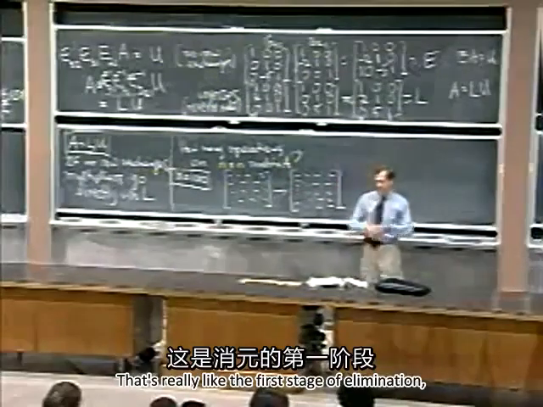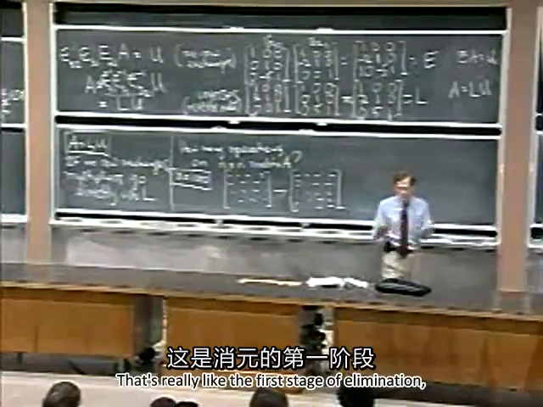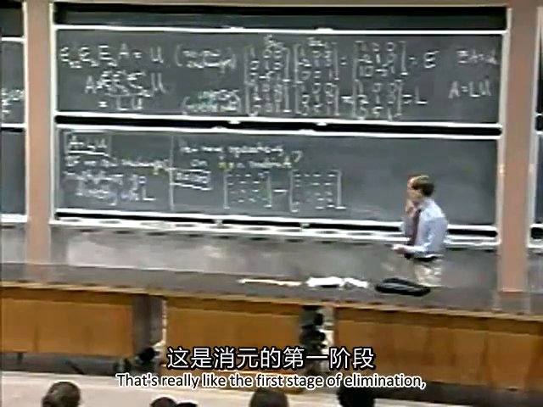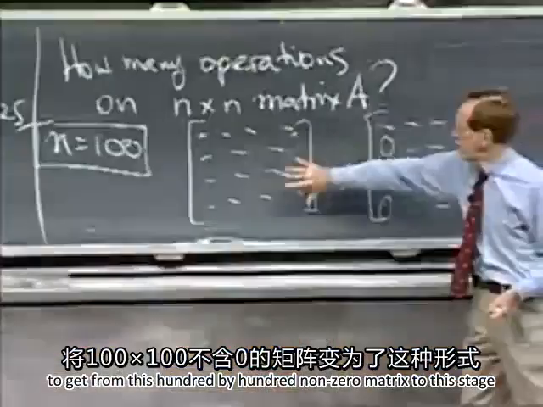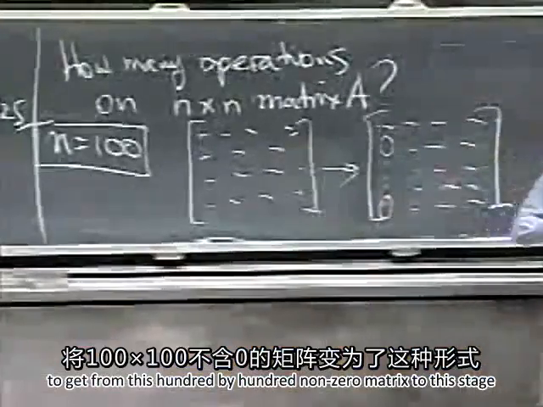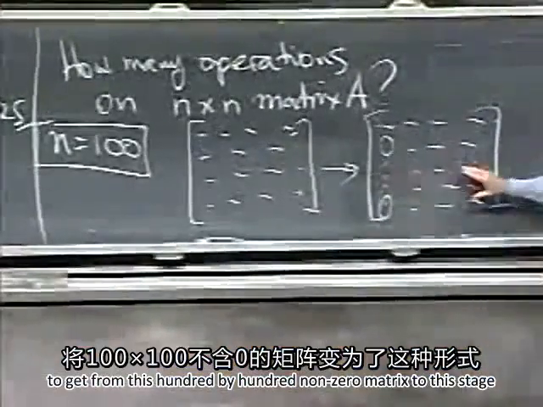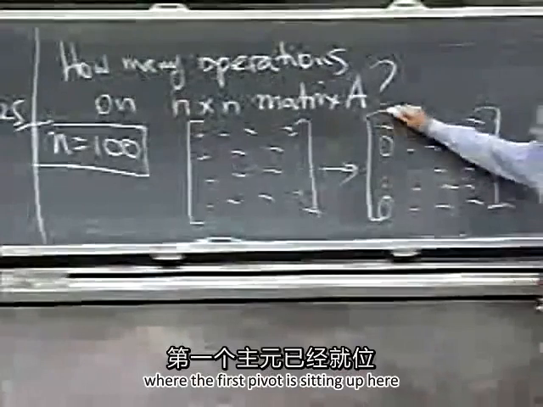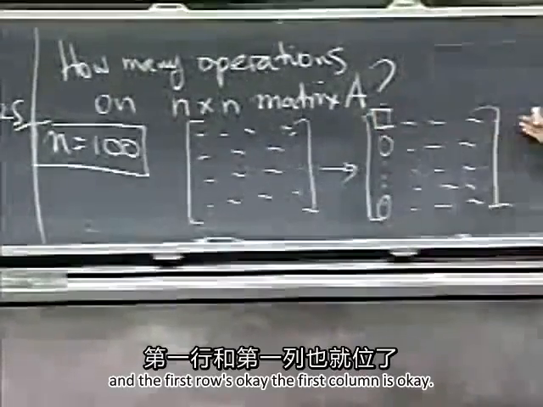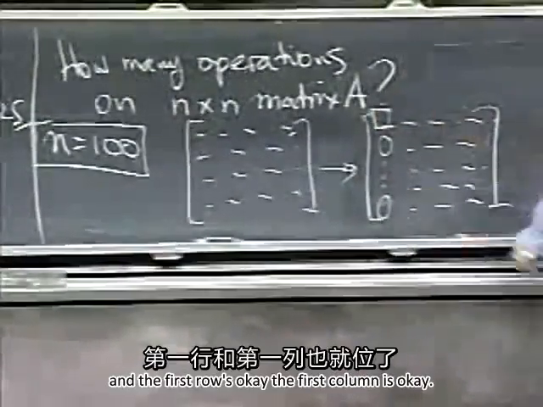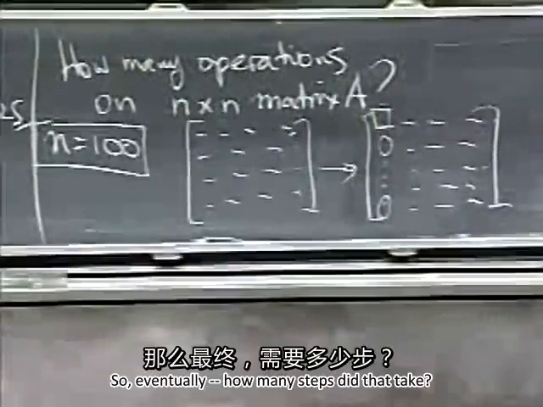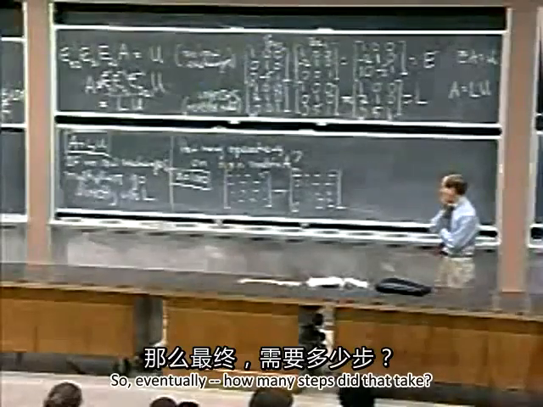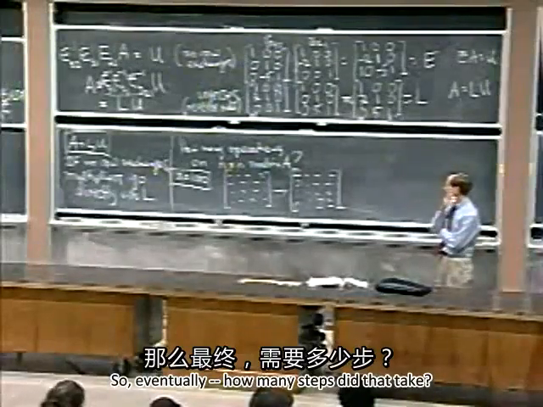That's really like the first stage of elimination. To get from this 100 by 100 non-zero matrix to this stage where the first pivot is sitting up here, and the first row is okay, and the first column is okay. So essentially, how many steps did that take?